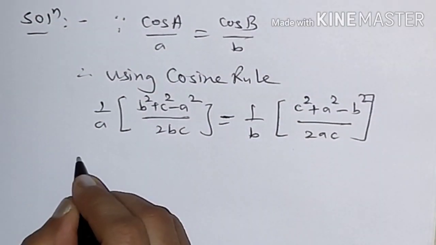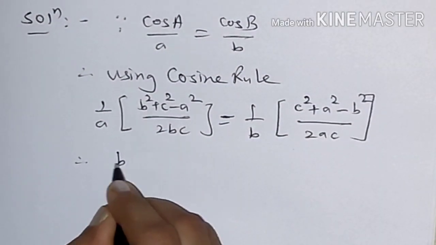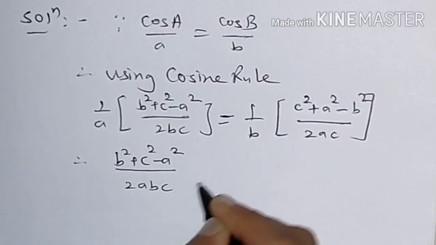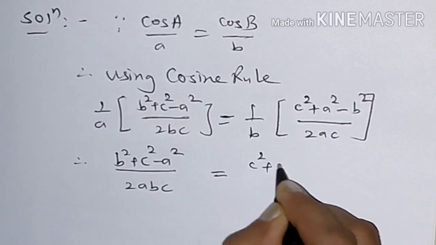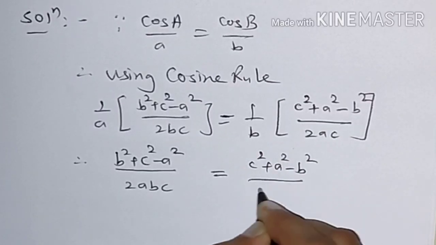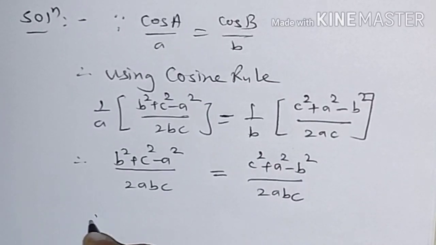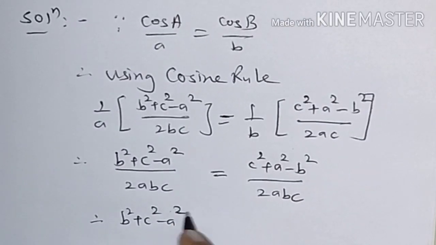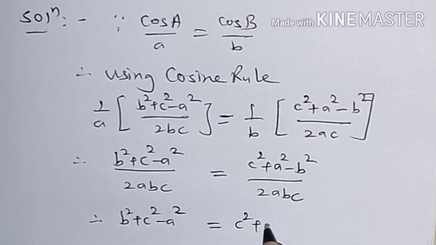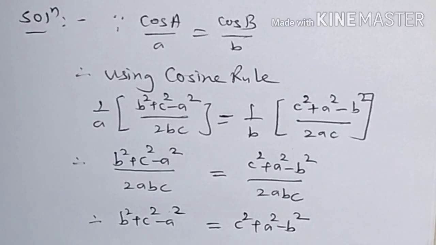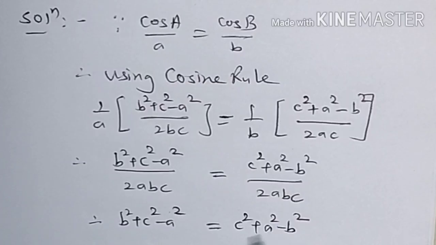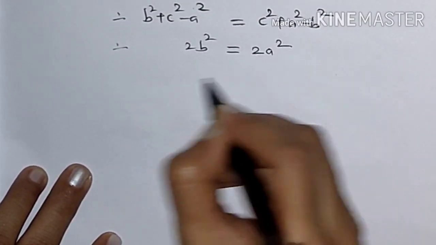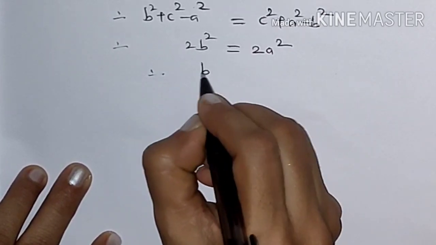Simplifying it further, we get b square plus c square minus a square divided by 2abc is equal to c square plus a square minus b square upon 2abc. Therefore, b square plus c square minus a square is equal to c square plus a square minus b square. So we get 2b square is equal to 2a square. Therefore, b square is equal to a square.